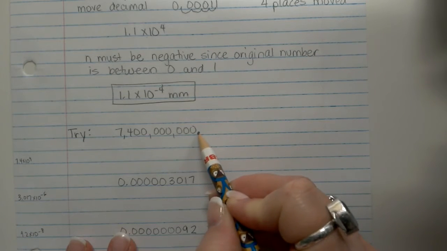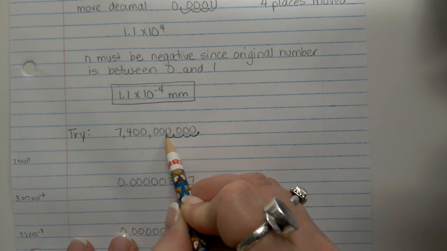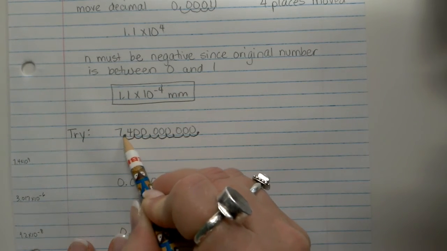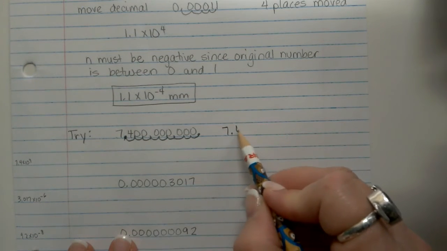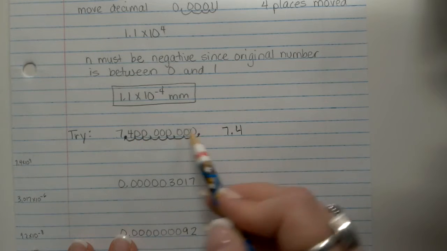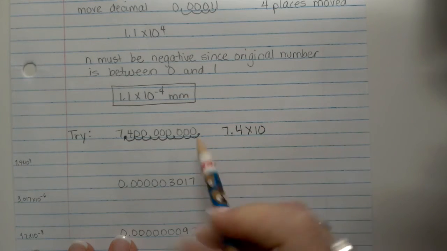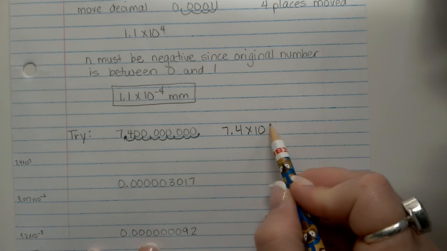All right, so try these. Okay, currently my decimal is here. 1, 2, 3, 4, 5, 6, 7, 8, 9. I'm going to move it to here because my 7 gets to be in front of the decimal place. My 4 is afterwards because it's the only non-zero number, times 10 to the power, and we decided we moved it 3, 6, 9 spaces.